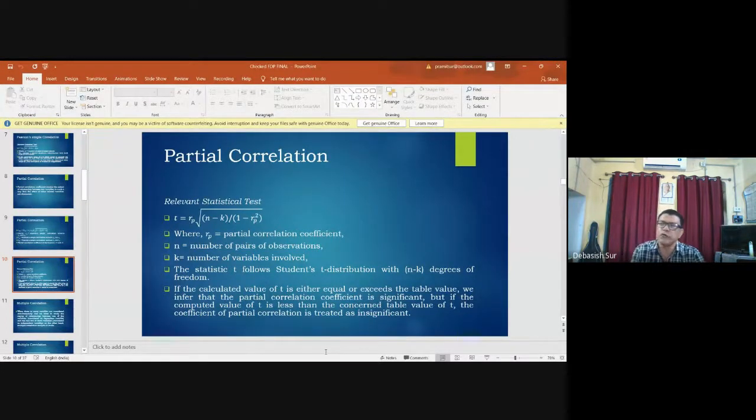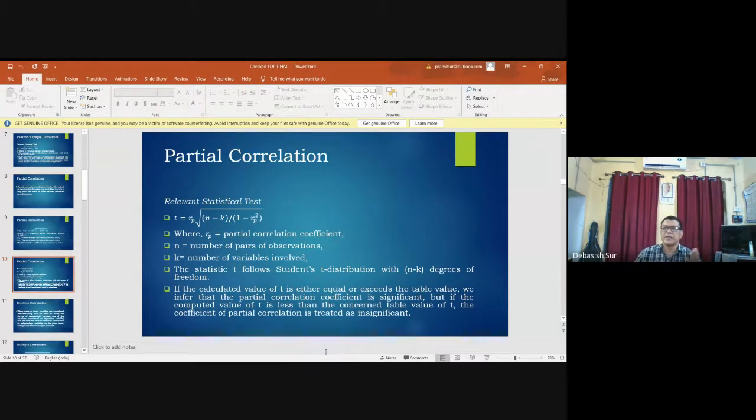If we have three variables, yield of crops, amount of fertilizer used and amount of rainfall, then k equals 3, and n is the number of years. If we consider 20 years data, then n equals 20. If we consider 10 years data, then n equals 10, and rp is the computed value of the partial correlation coefficient. Here the degree of freedom equals n minus k.